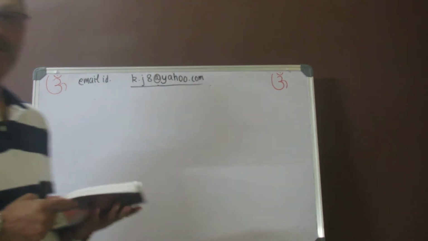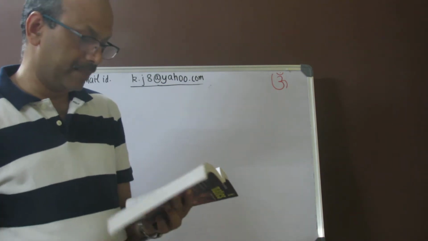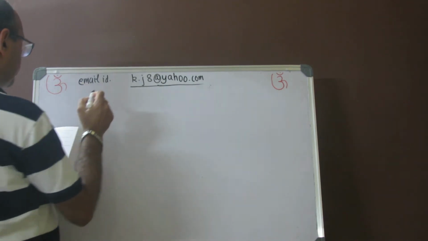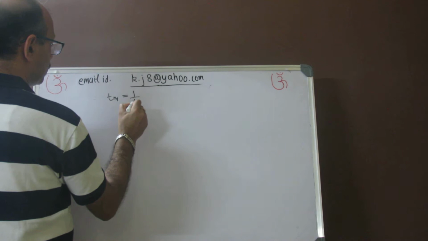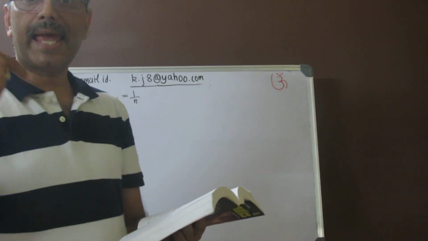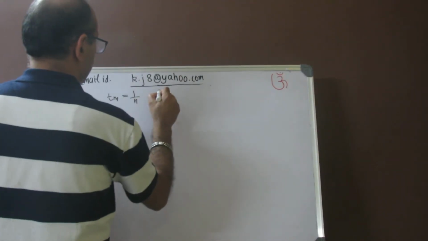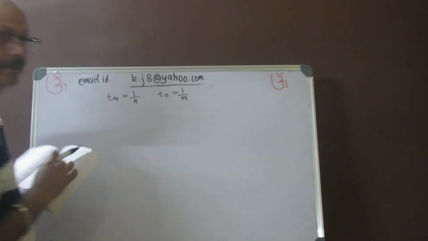So understand the question. It says if the mth term of an AP be 1 by n, so mth term, that means Tm is equal to 1 by n, and its nth term be 1 by m, that means Tn equals 1 upon m.